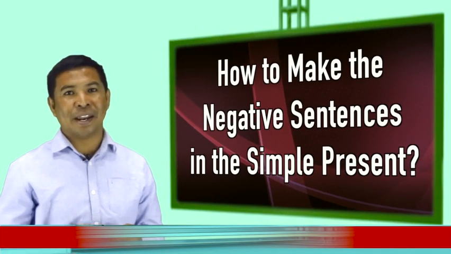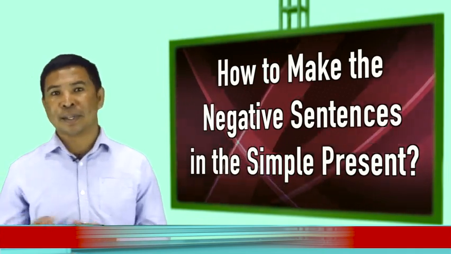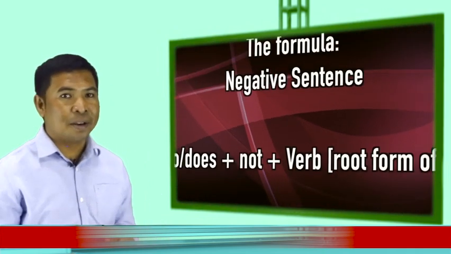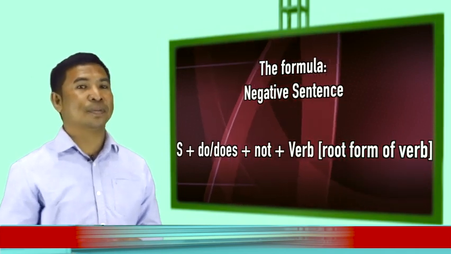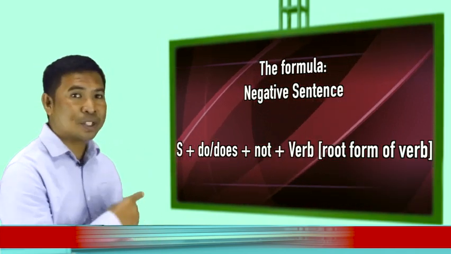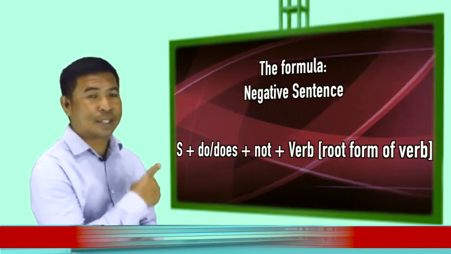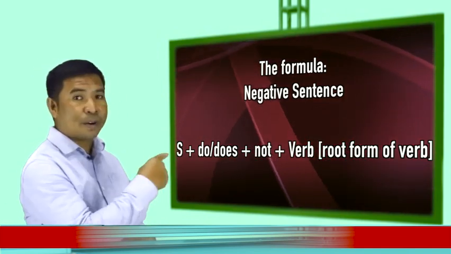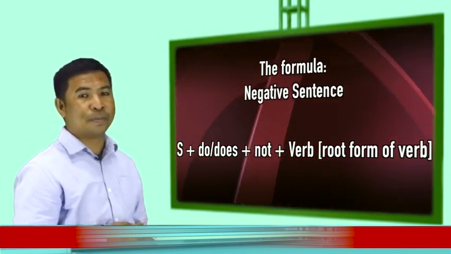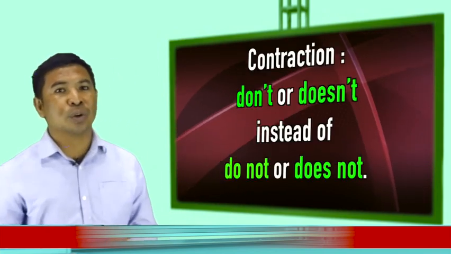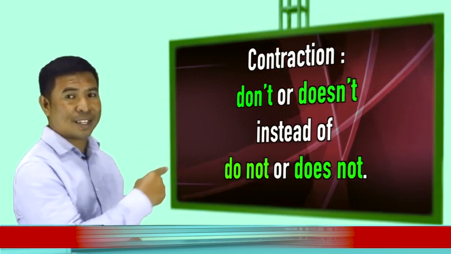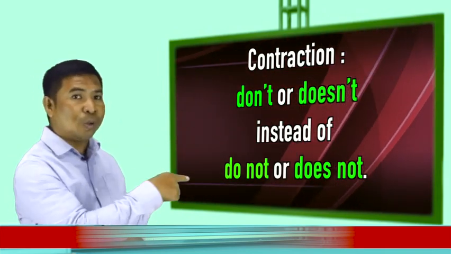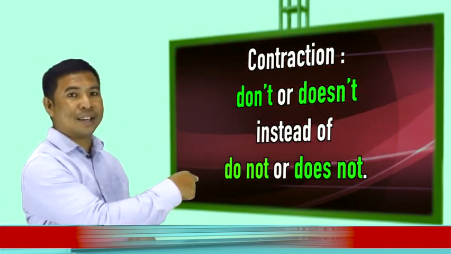How to make negative sentences in the simple present tense? The formula for making a simple present verb negative is subject plus do or does plus not plus the verb in root form. You can also use the contraction don't or doesn't instead of do not or does not.